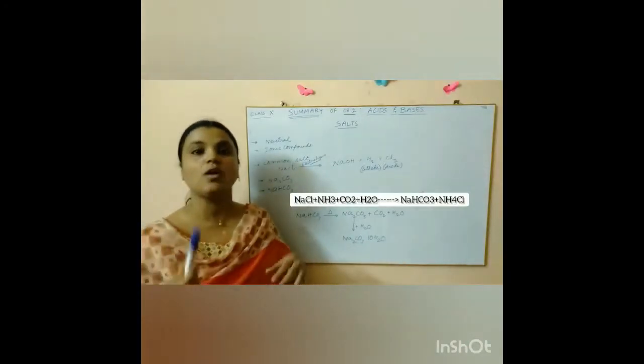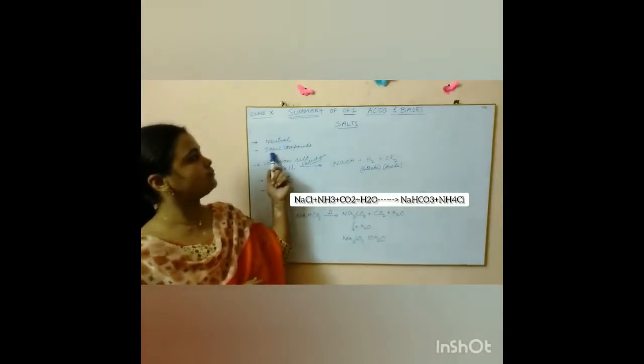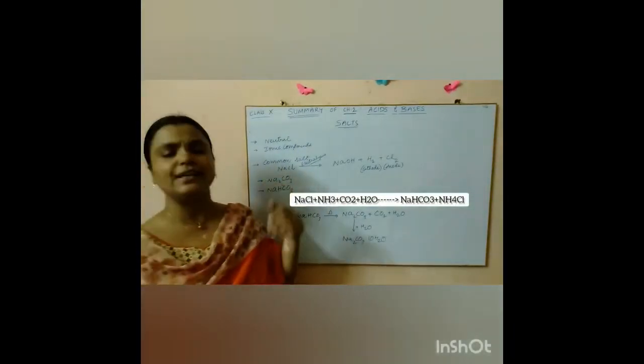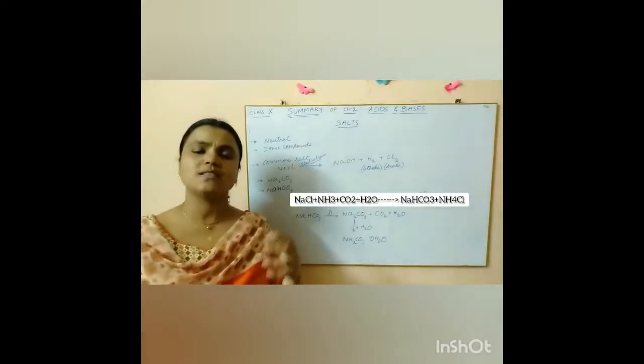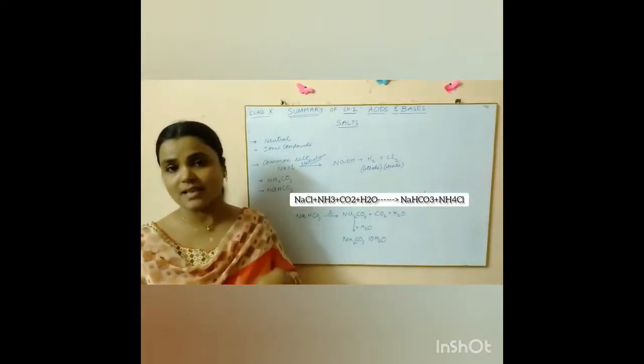Children, let's recall what we learnt about salts in our chapter. We learnt that salts are ionic compounds which are chemically neutral. We all know that salts are formed by the neutralization reaction between acids and bases.